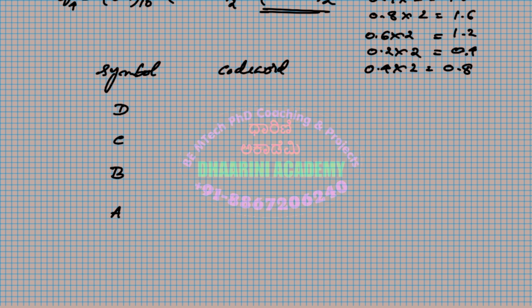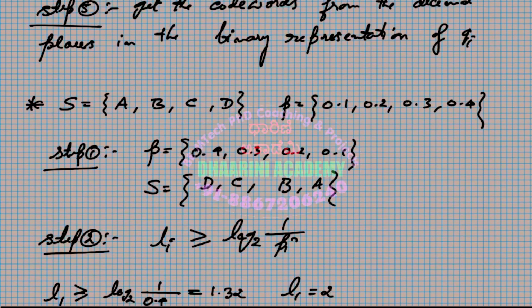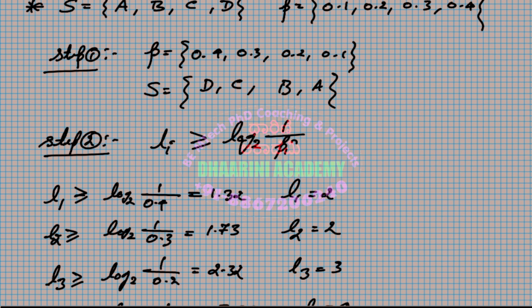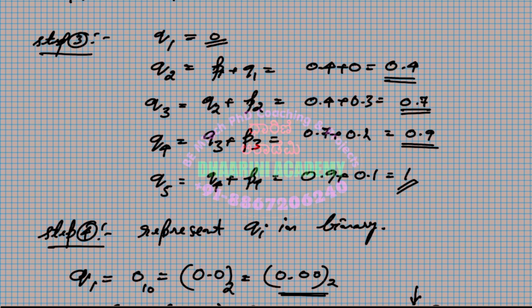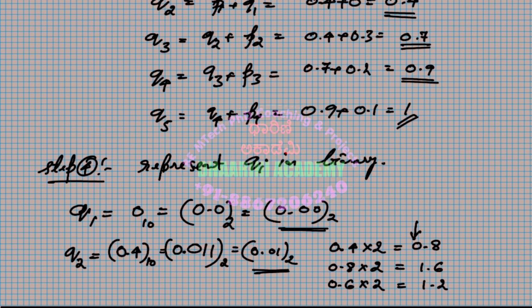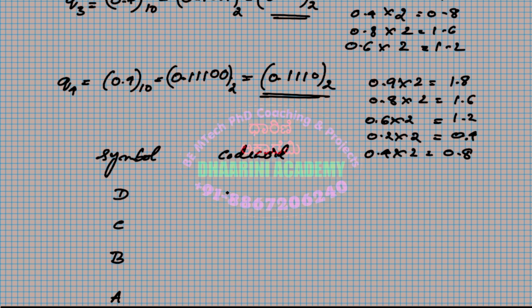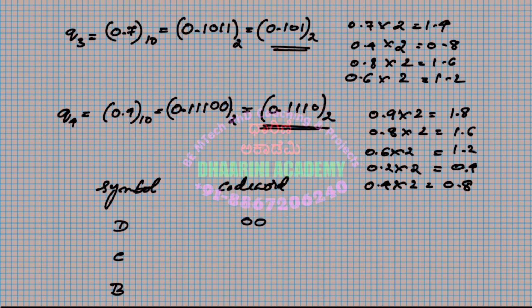So D is the first symbol, so whatever you got first is the answer for this. D has the minimum length. You can see that the length L1 of D is 2, the length 2 for D and C. Then B and A will have 3 and 4. I should be careful when I write. So Q1 is 0.0. That is for D. D will have length 2 and the code word is 00.